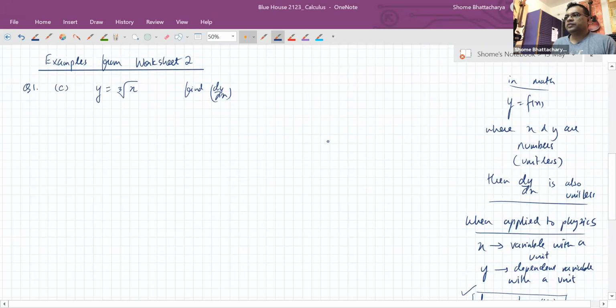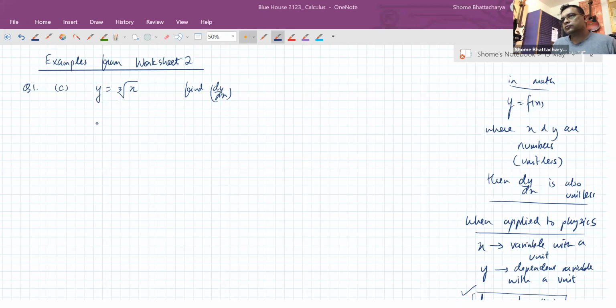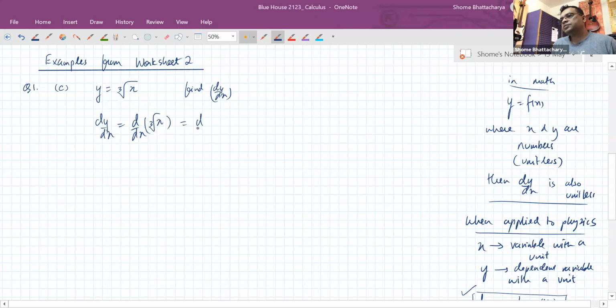Okay, so let's continue ahead with this example. As we were saying, to differentiate this, we have to operate differentiation on cube root of x, which we can express as x to the power 1 by 3.